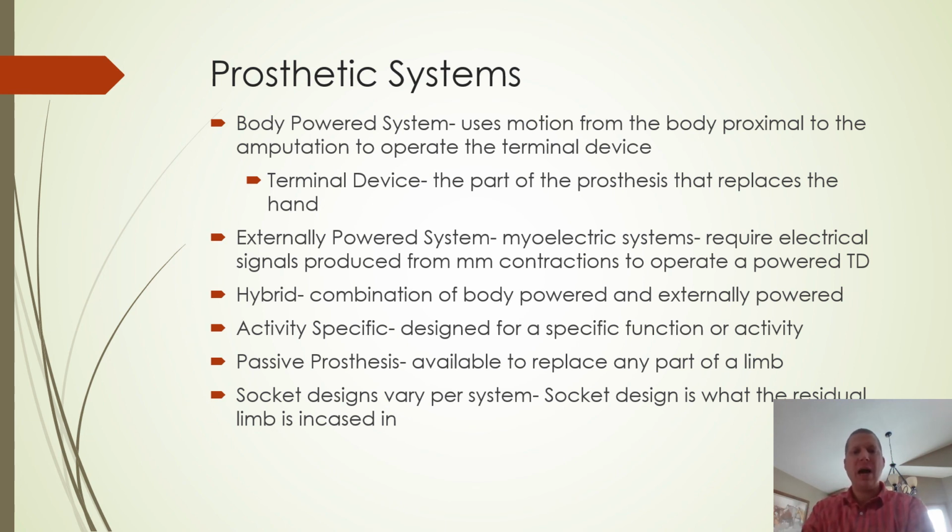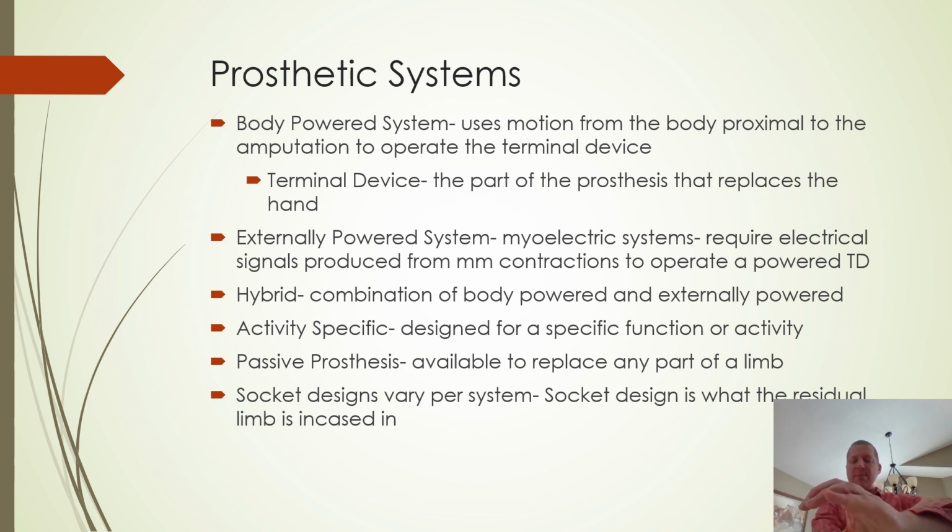An externally powered system uses myoelectric systems, and so this requires electrical signals produced from muscle contractions to operate a powered terminal device. These are the ones that perhaps don't have the straps, but they fit over. If that client can get the bicep to contract, it will open up the terminal device.